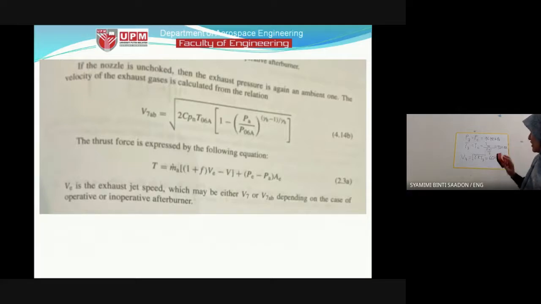Last one, mass flow rate MA. For MA, we use rho A V. Because we have the values of the area at the exit, rho V7 A7.